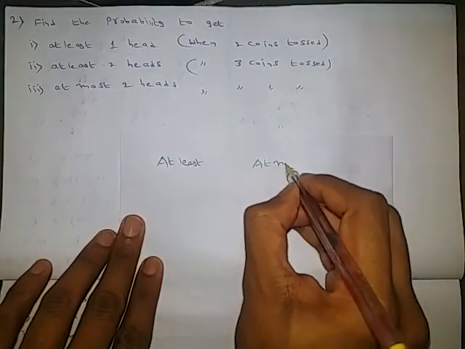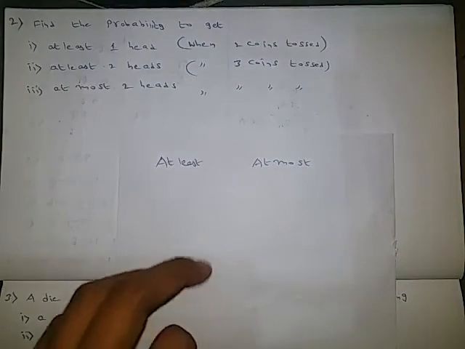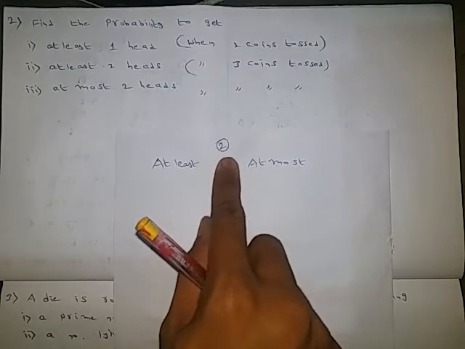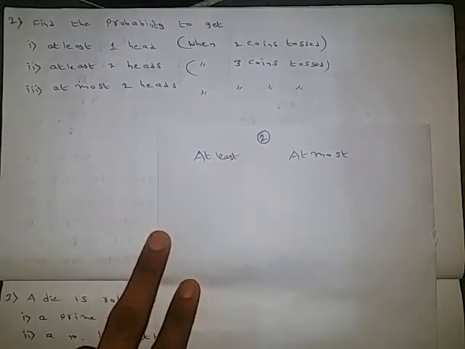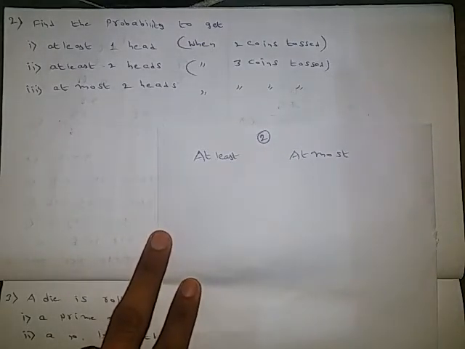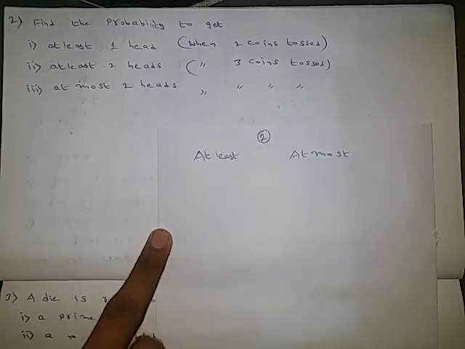One is at least and one is at most. So for example, let us take one example with 2 and let us try. At least 2 heads. What is the meaning of at least 2 heads? At least means minimum. Minimum 2 heads.